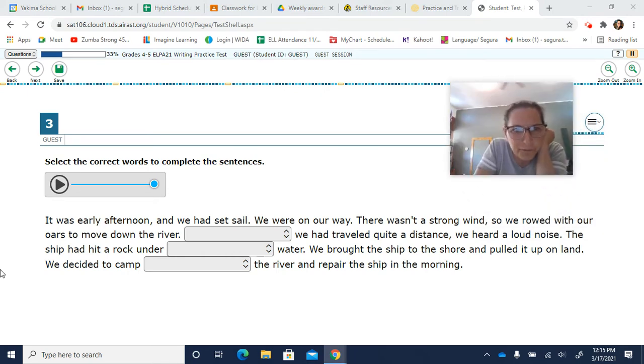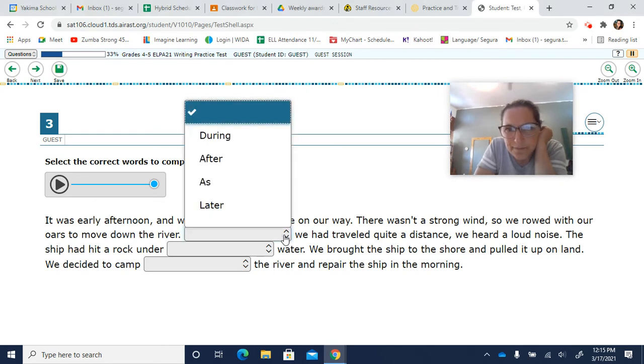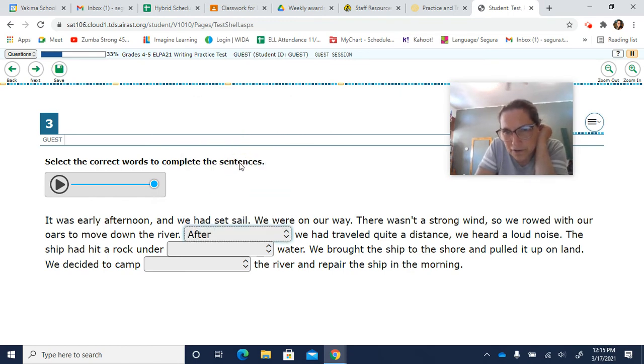So we rowed with our oars to move down the river. Later, as, after, or during, we traveled quite a distance. So probably after we had traveled quite a distance, we heard the loud noise. Did you notice how I put all the words in a sentence to make sure that it sounded right?